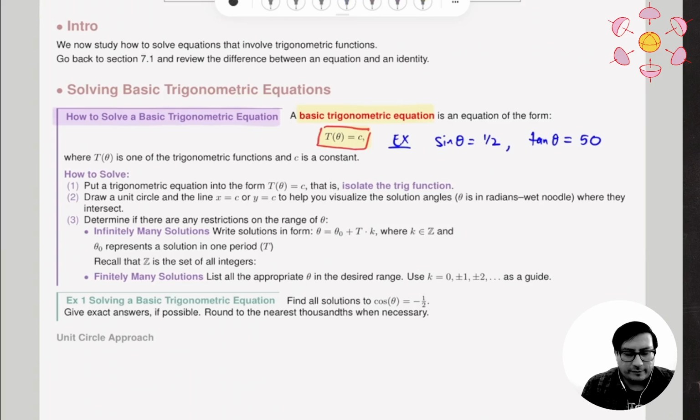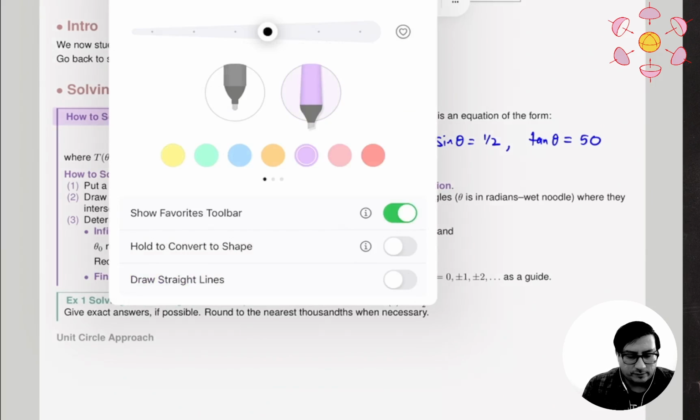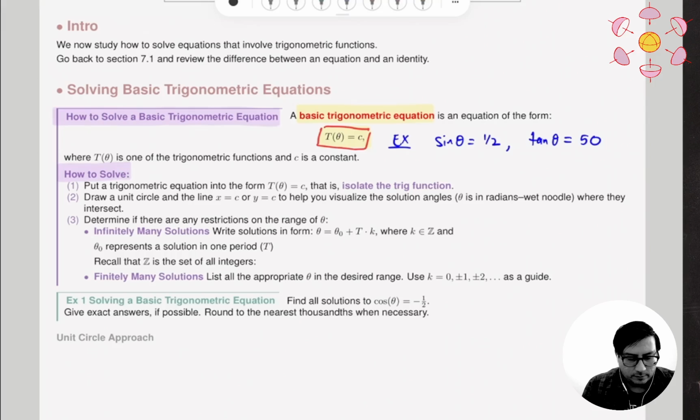Now, what's the advice I give here? It says how to solve. We have a couple steps. First, put a trigonometric equation into the form T(theta) = c. In other words, put the trig function by itself on one side of the equation. Just for convenience, I'm always going to put that on the left side.